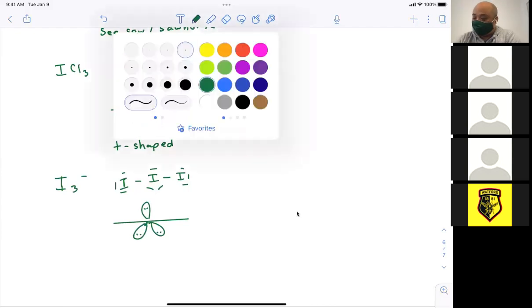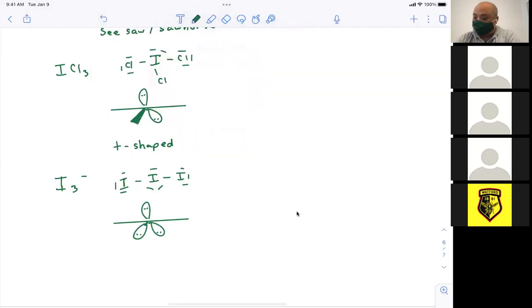Oh, I didn't draw all the Cls there. Sorry, I didn't draw the third Cl. I got ahead of myself. There's 3 Cls there. So when you have 3 lone pairs here, what's the remaining shape? Linear. Because the lone pairs are all 120 degrees from each other, so they cancel each other out.